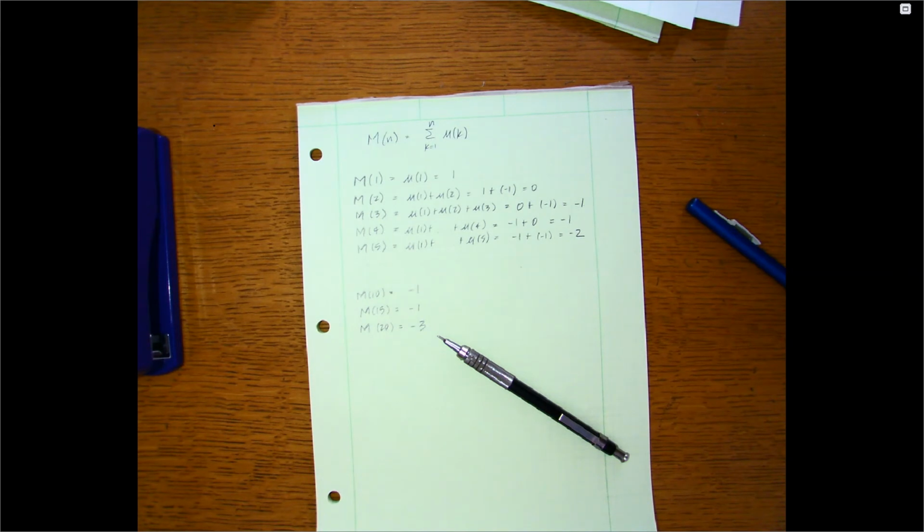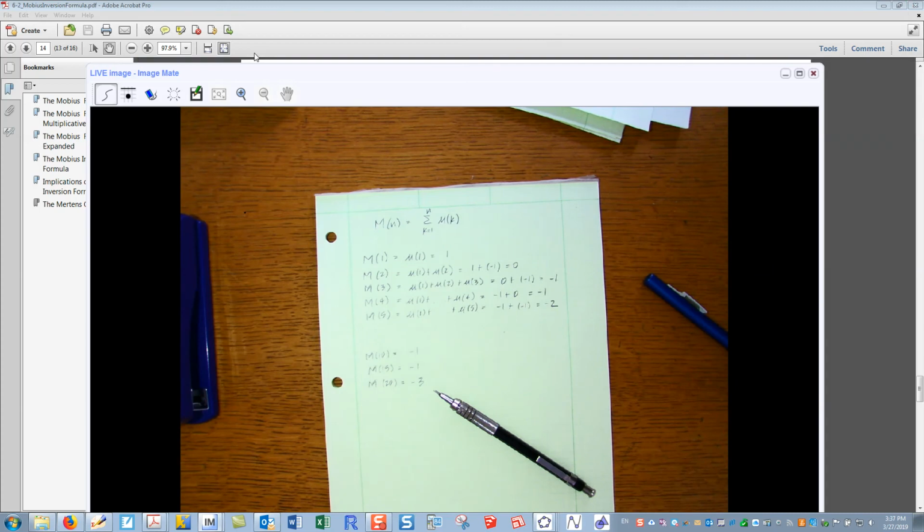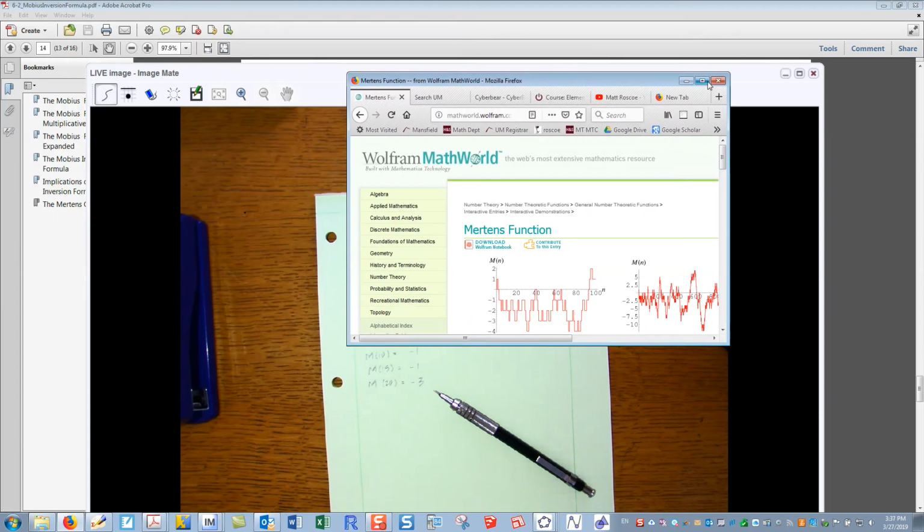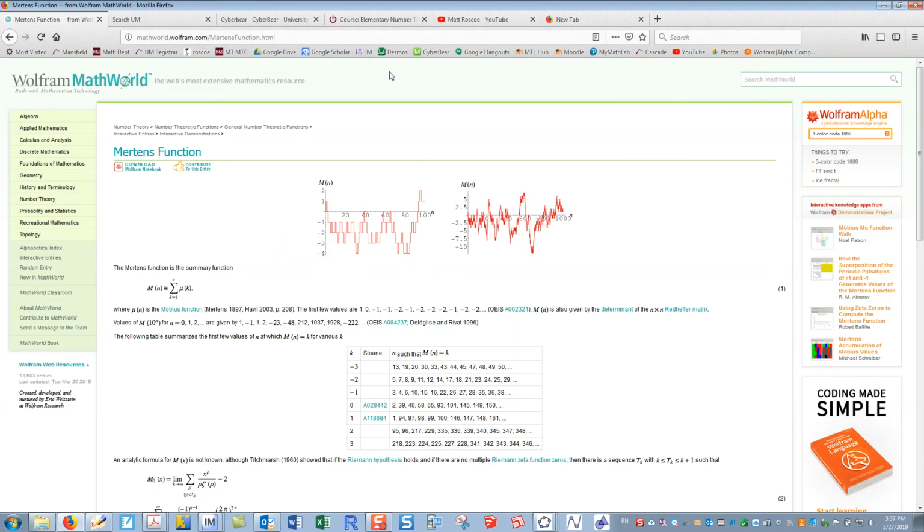So let's just take a quick Google search to give you a sense of what this thing looks like for large values. If you type in Merton's function into any search engine, you'll see something like this.